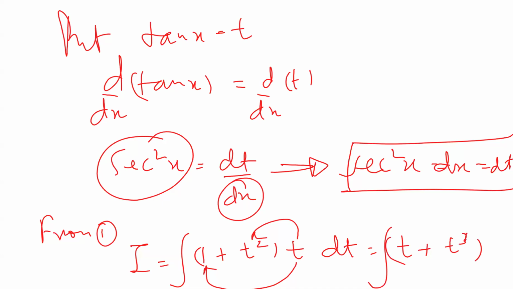Individual integration: t raised to 2 by 2 plus t raised to 4 by 4. And then put the value of t as tan x. Resubstitute the value of t as tan x. Okay. That was your question number 13. Let's go to question number 14.